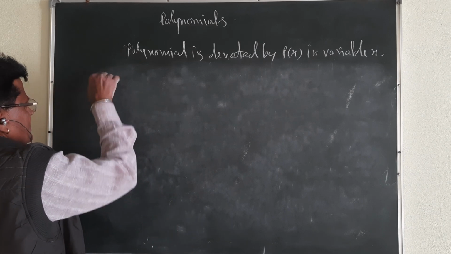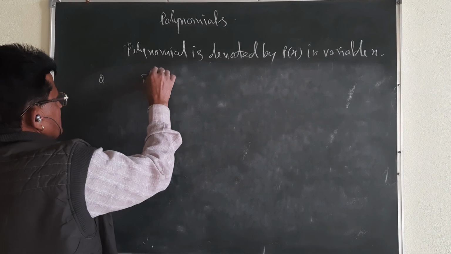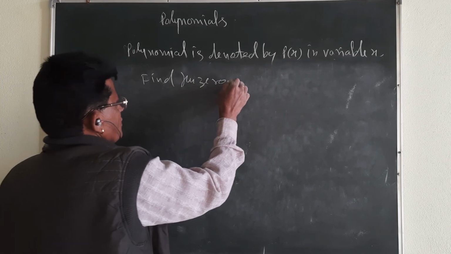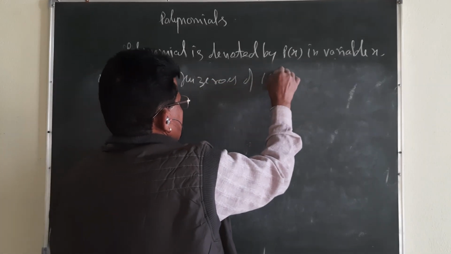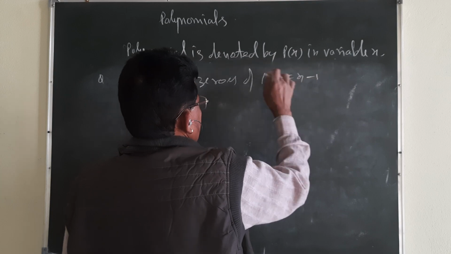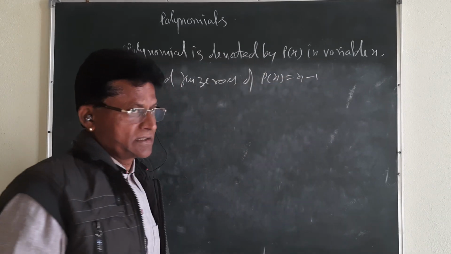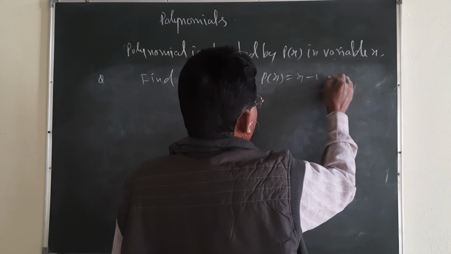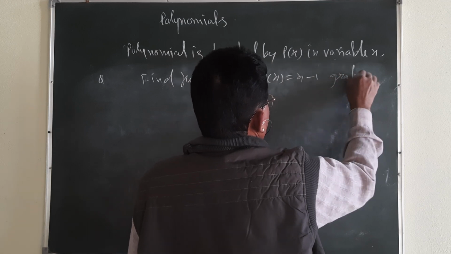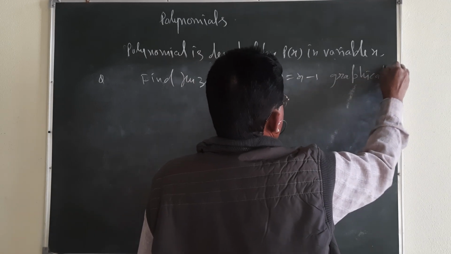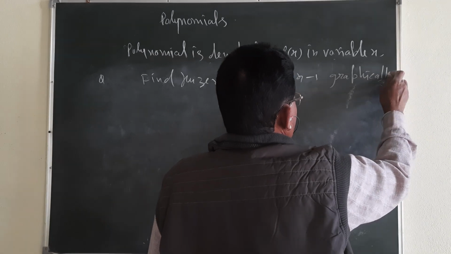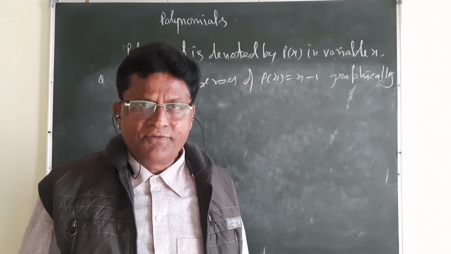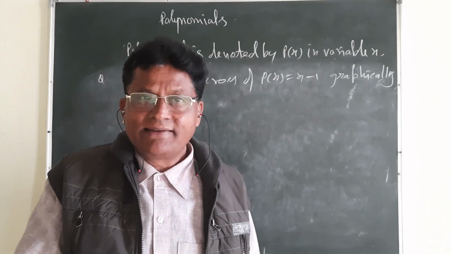Same example I am taking. Find the zeros of P(x) is equal to x minus 1, graphically. Find the zeros of this polynomial graphically. Each and every weapon I am providing you so that whenever it is required, you can apply it.